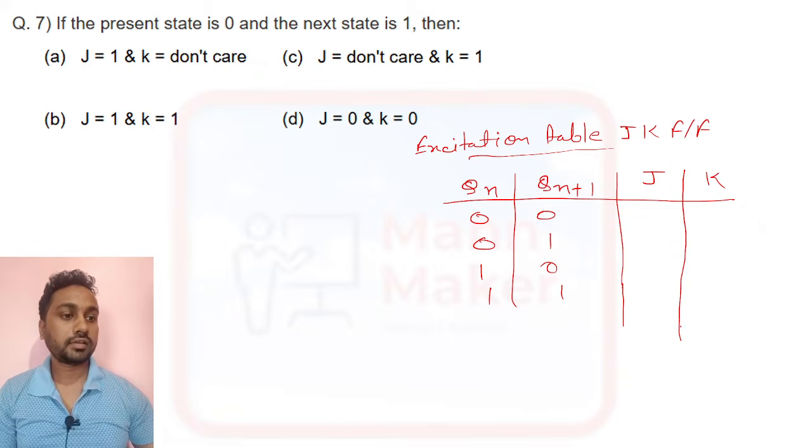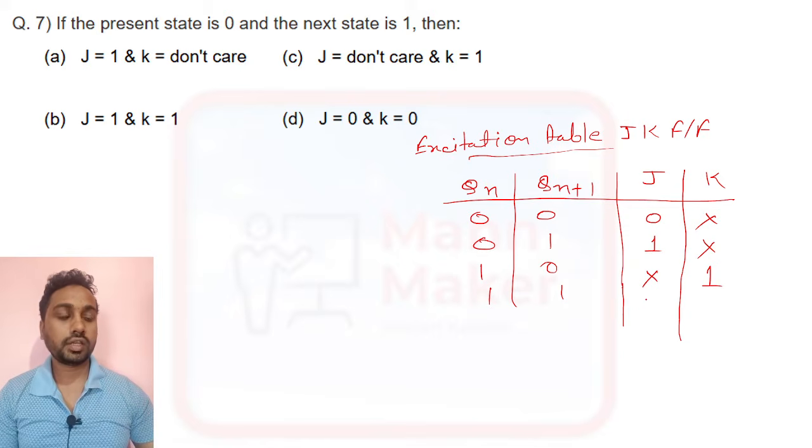In that case, when present state is 0 and next state is 0, in this case J is 0 and K will be don't care. And when it is 0 and 1, in this case it is 1 and it is don't care. When it is 1 and 0, then in this case it is don't care, it is 1.